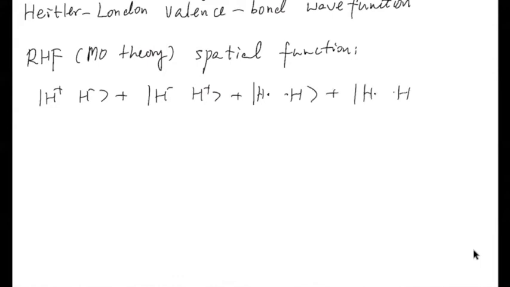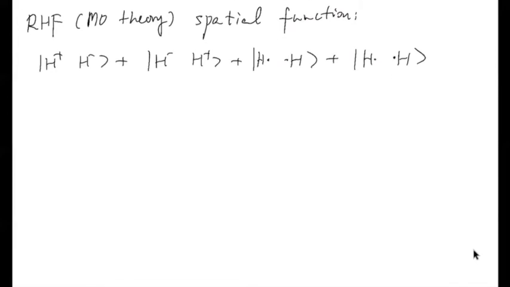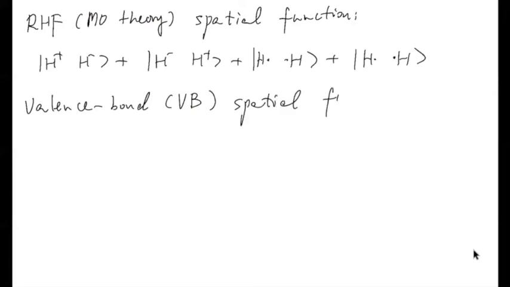And those covalent terms can lead to the correct dissociation limit, right? So in the valence bond method, which is abbreviated as VB, the spatial part is simply the covalent term.